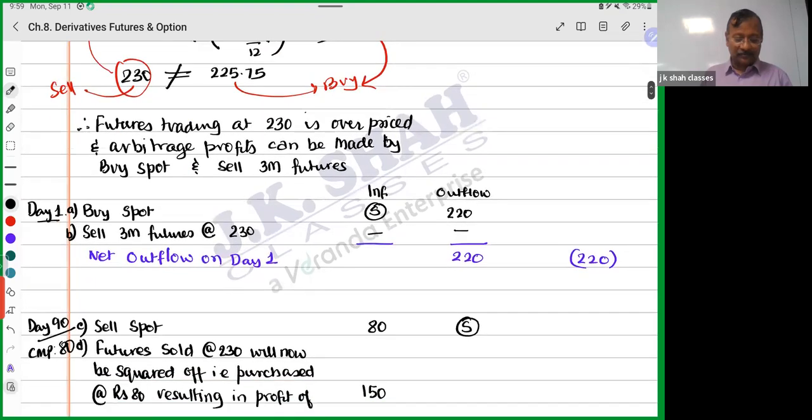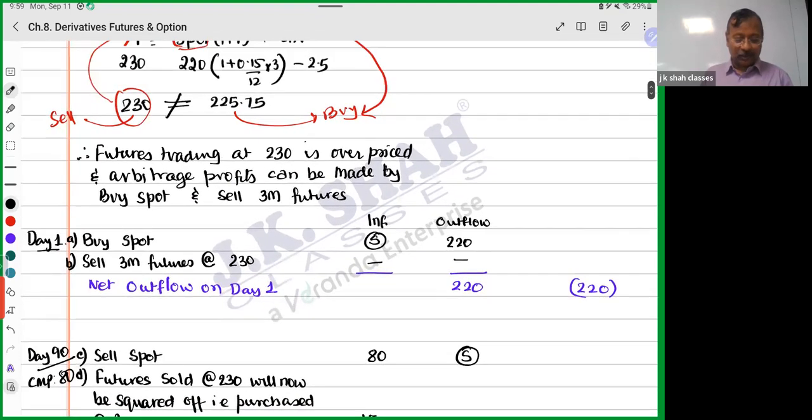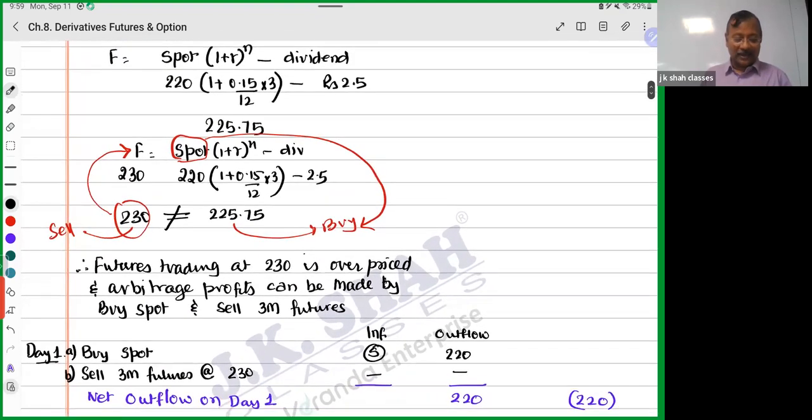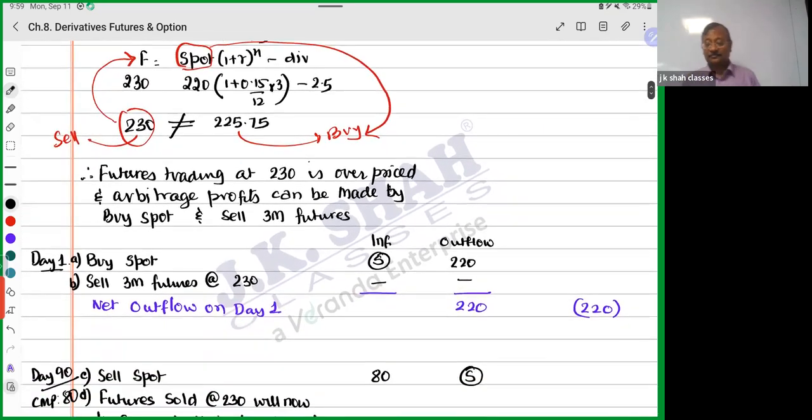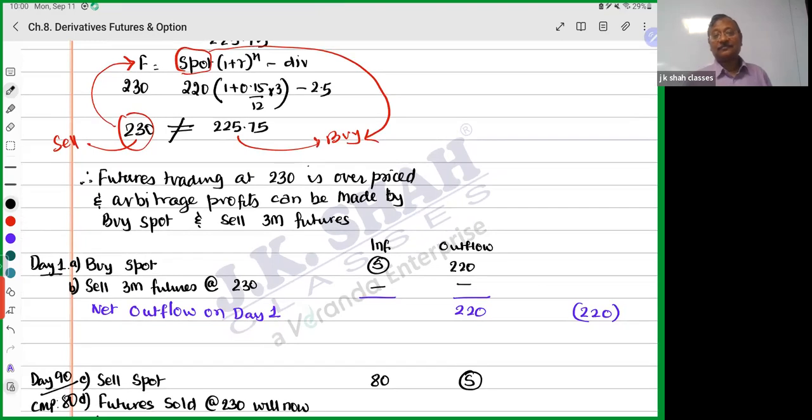चलो ये अभी लिख लो. I think we did it till here. From here. Any future, even commodity futures, same.